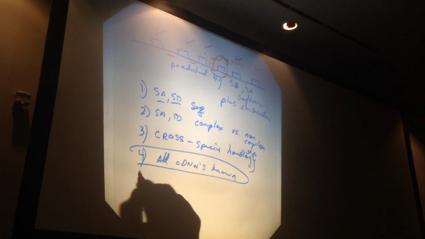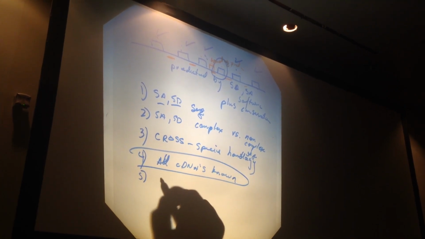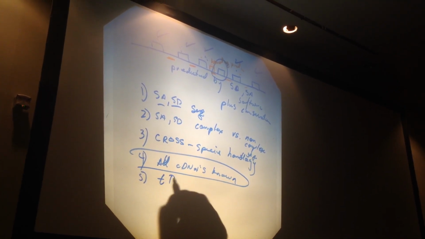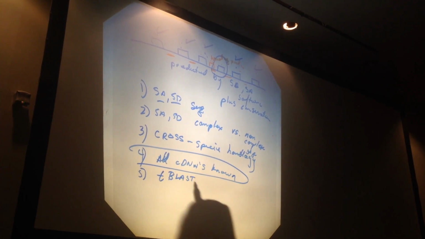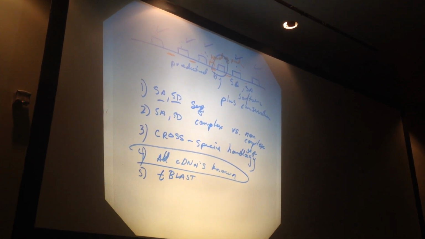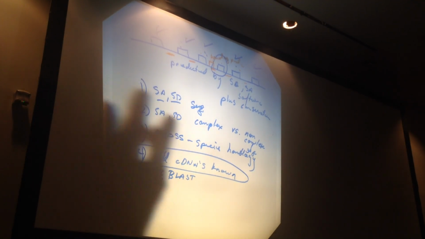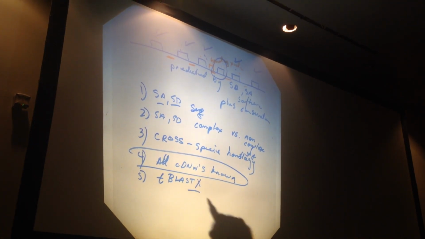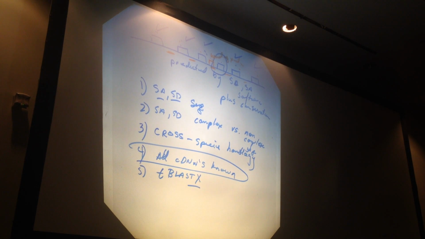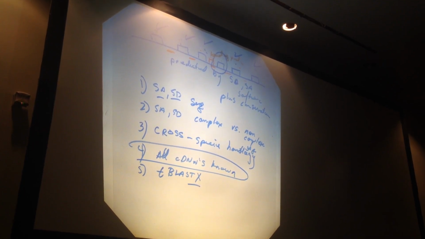So you could do it by what's called T-blast analysis, where you're translating the DNA in all 6 frames. It's T-blast X. You translate the DNA in all 6 frames, and you ask, does it have any protein homology?